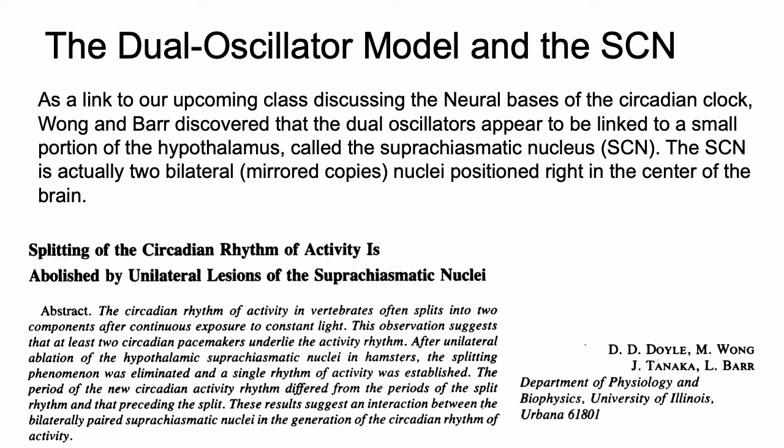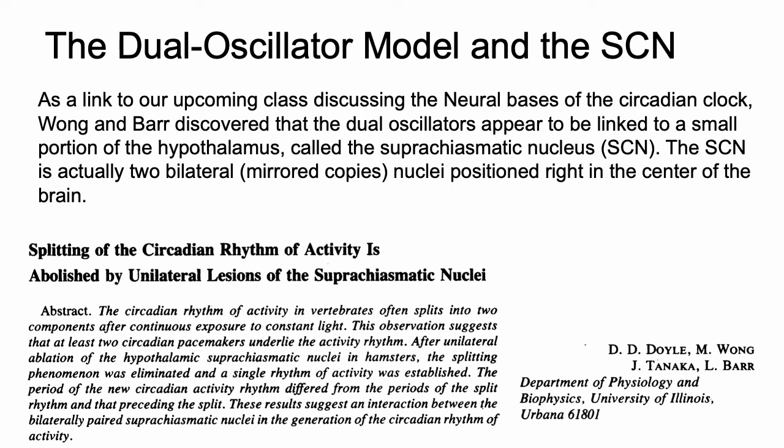And so, as we'll go into detail, the neural basis of the circadian clock comes from the suprachiasmatic nucleus, or SCN for short. This is a very small piece of architecture in the very center of our brain, part of the hypothalamus.